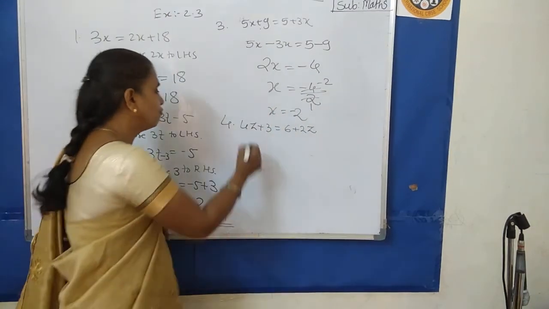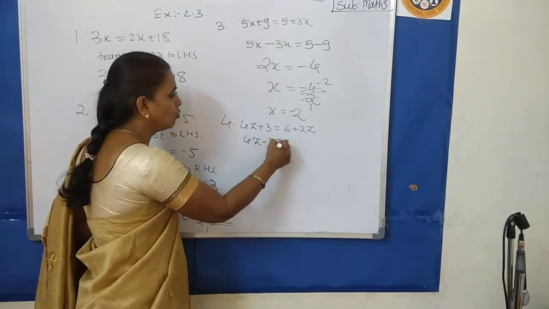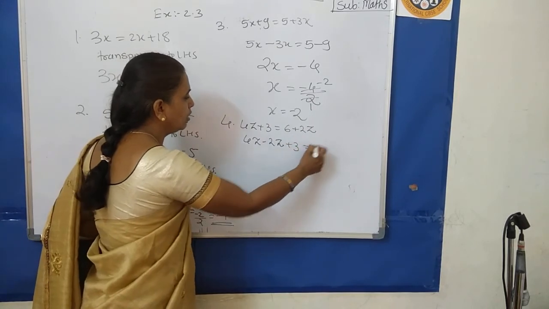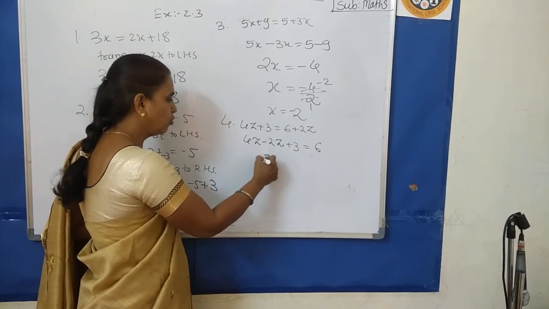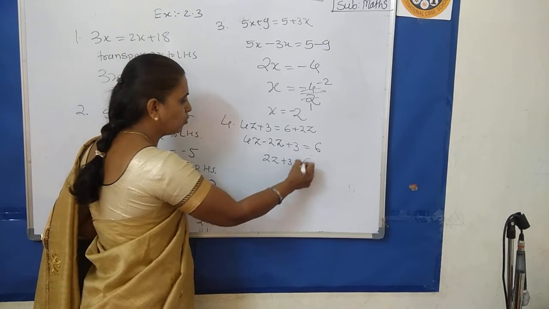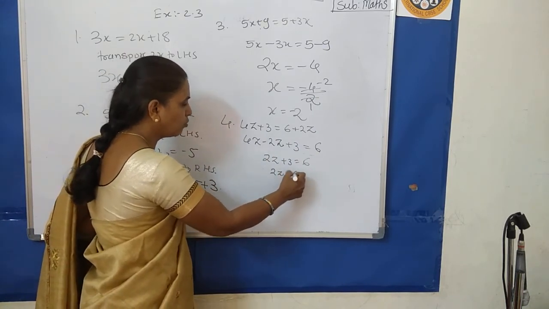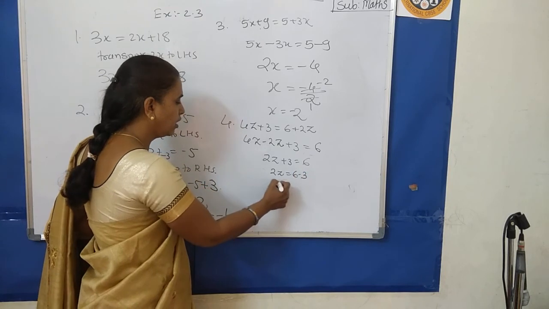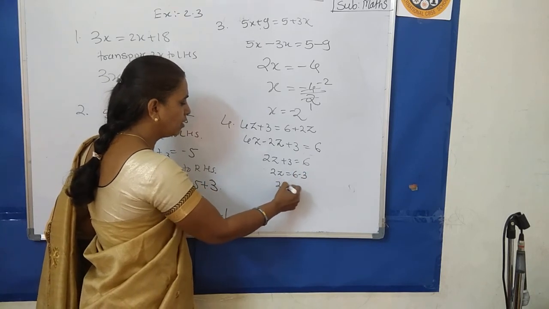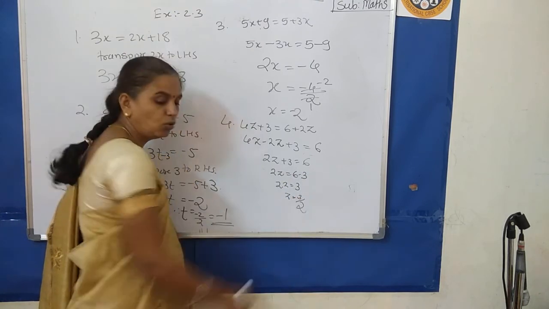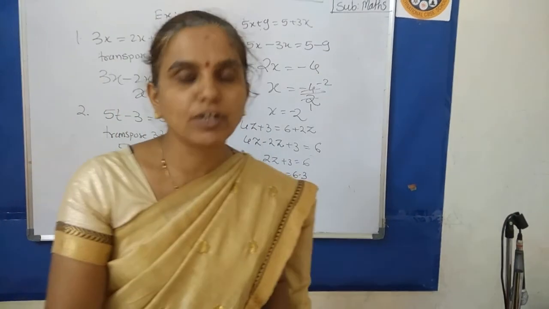First of all, 4z minus 2z, and 3 is equal to 6. 2z plus 3 is equal to 6. Now transpose this 3 towards the right. 2z is equal to 6 minus 3. Then 2z is equal to 3. And z is equal to 3 upon 2 is the answer for the question.